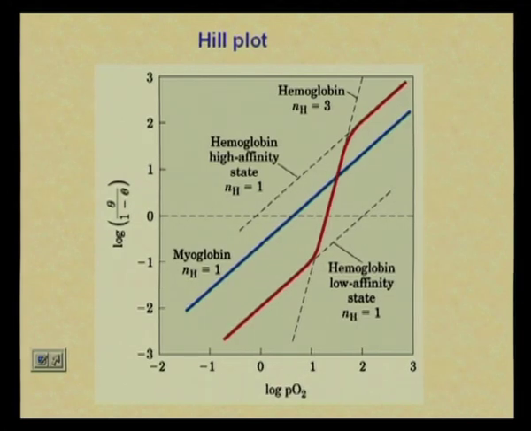Try and understand this. What we are looking at is a Hill plot. What do we have on the y axis? Log Y over 1 minus Y versus log PO2, which is basically log S. Fine. Now, when the pressure of oxygen is low, then there is no cooperativity yet.